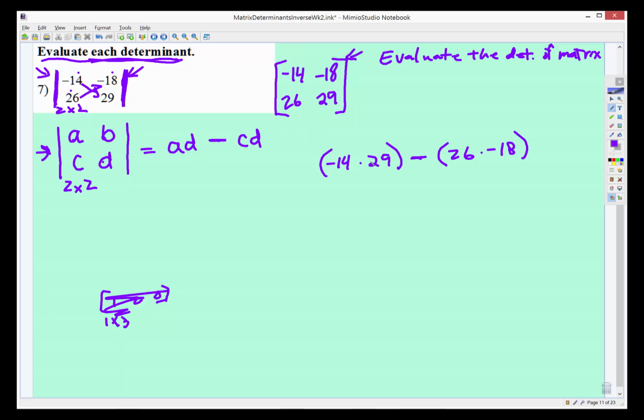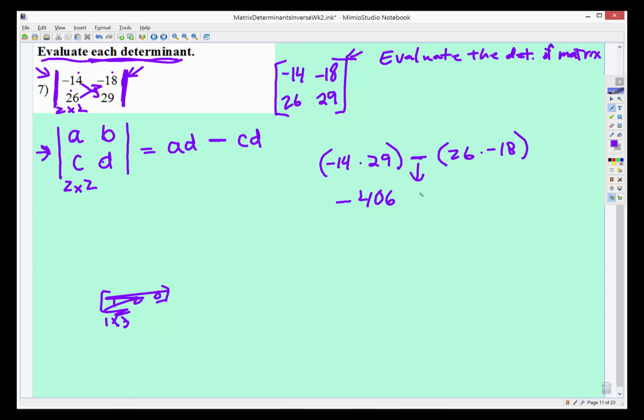And when you do the result of that, oh, I should have had my calculator handy. A negative times a positive is a negative, so we have negative 406.